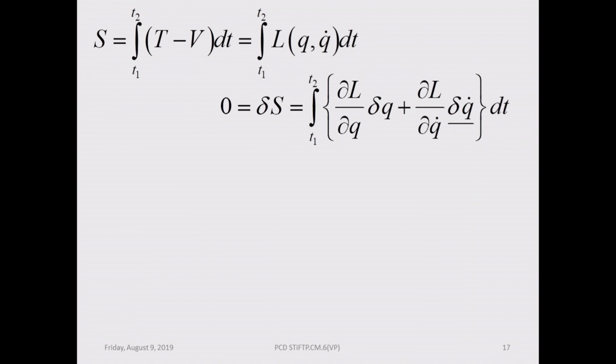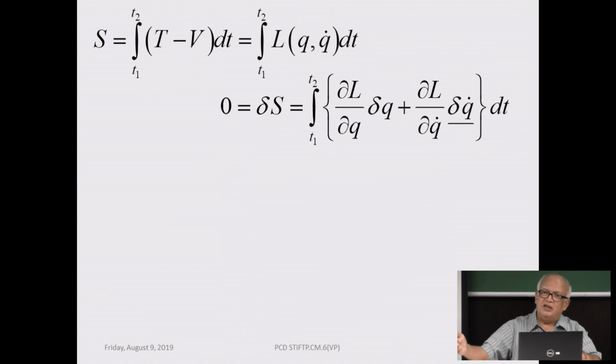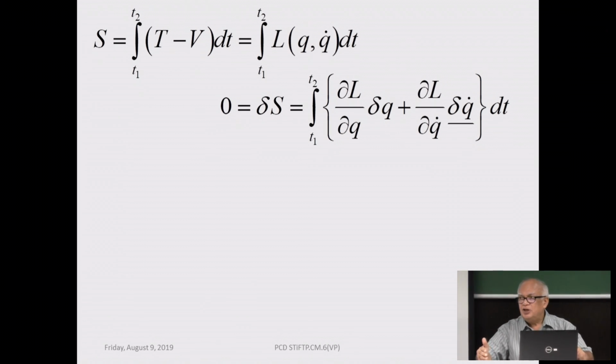And we are asking, how do you accurately describe which path will be taken? The path that will be taken can be different. You can think of thousands of alternative paths, but only that path will be taken for which action is an extremum. So the variation we are talking about is with respect to alternative paths in the configuration space.